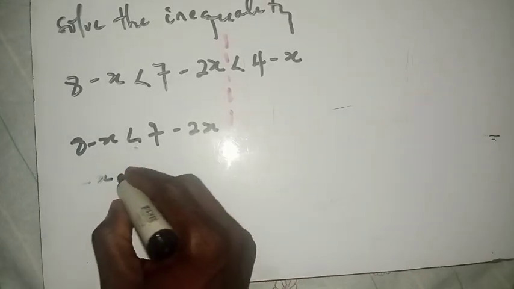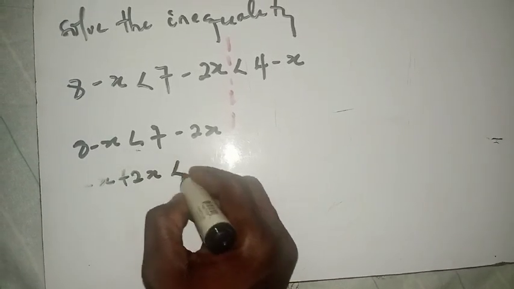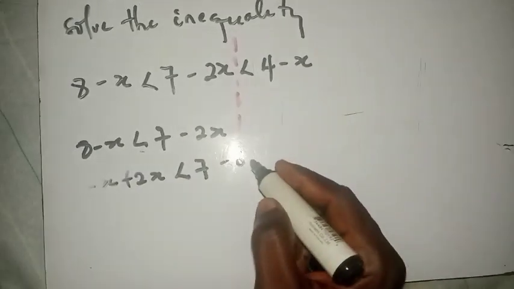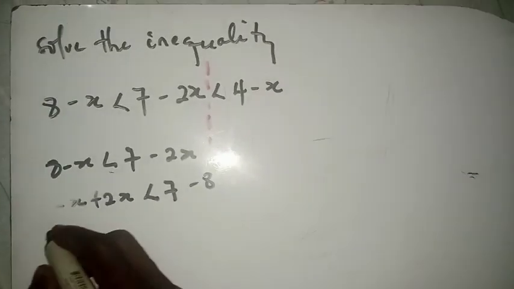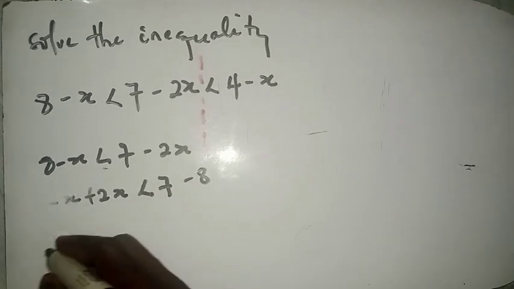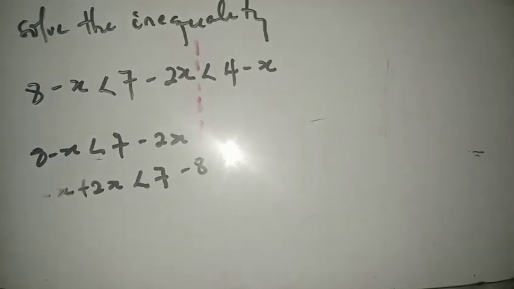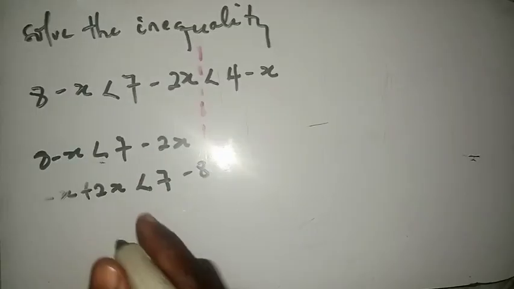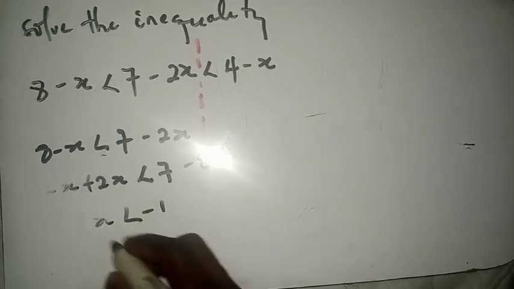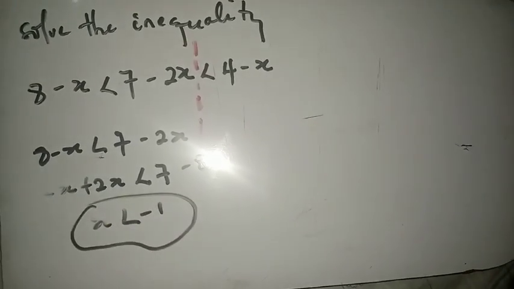So here we have positive 2x less than 7 minus 8. If you don't know how we are doing this, make sure you comment in the comment section below, so that we can easily attack all your problems relating to inequality. So here we have x less than -1. This is one solution.